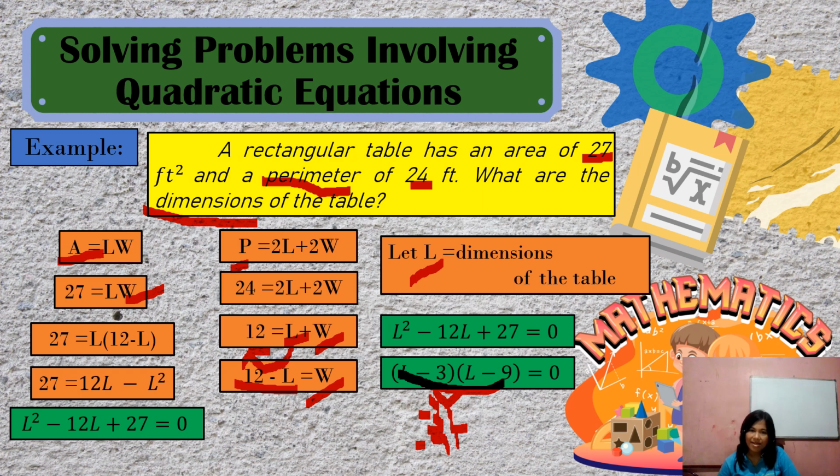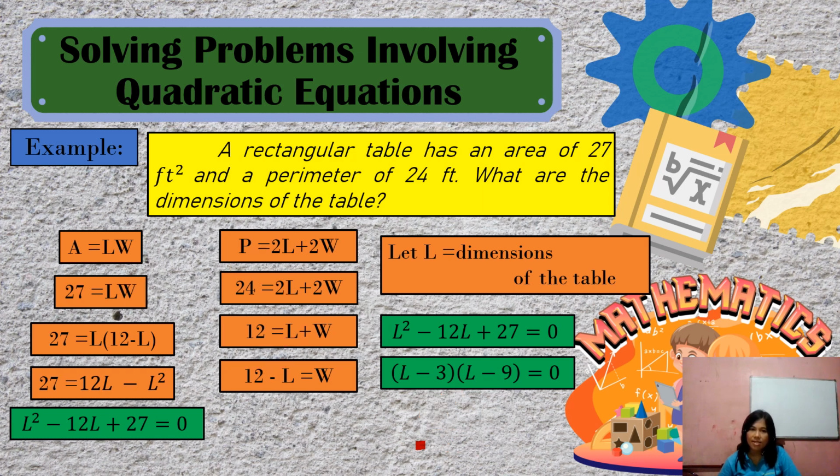Negative 3 plus negative 9, negative 12, of course. Kaya ngayon, tanggalin na natin kasi makalat. Okay, so sakto na yung factor na ginamit natin, no? Okay na yan.